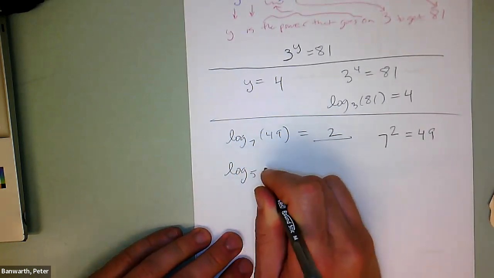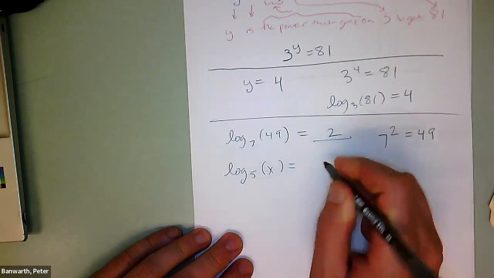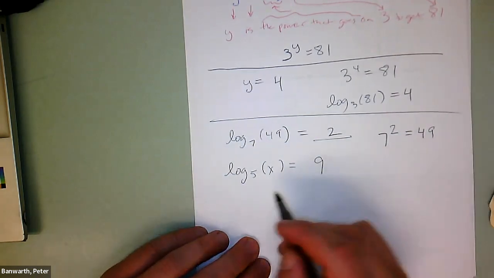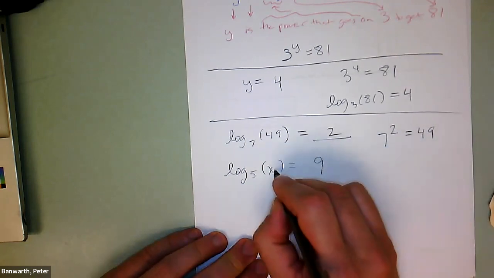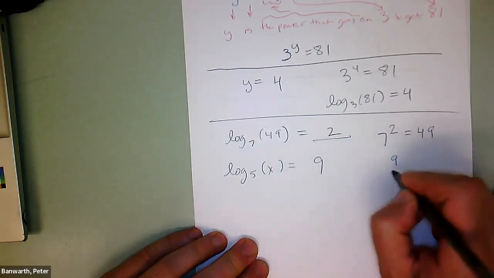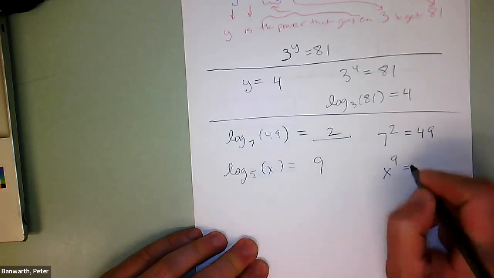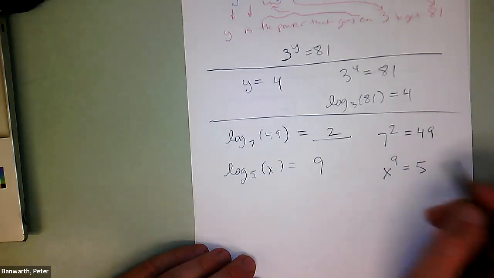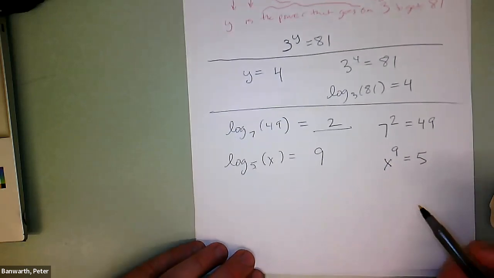Log base 5 of x equals 9. That means 9 is the power that goes on 5 to get x. You could solve for x if you want, but that's not what we're doing right now.